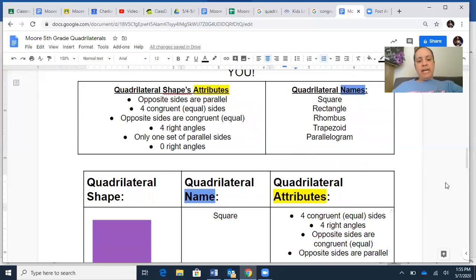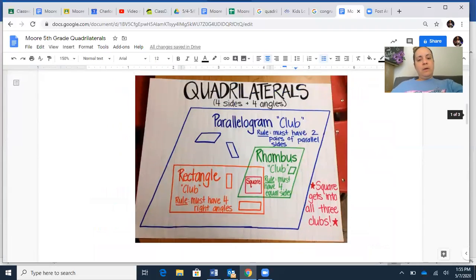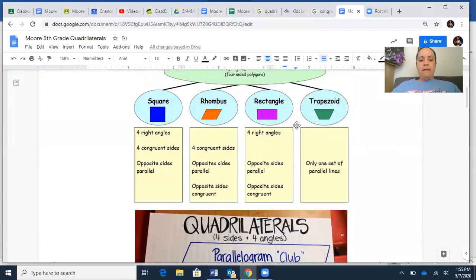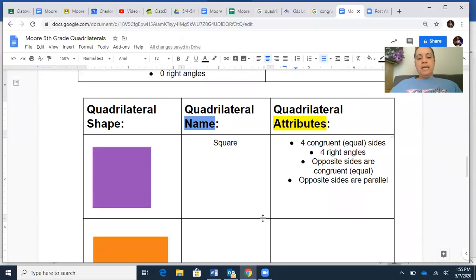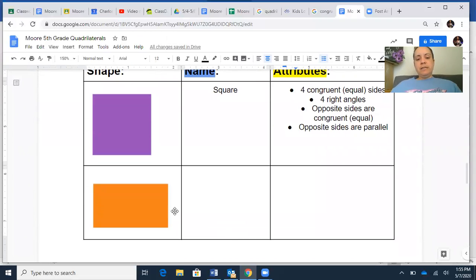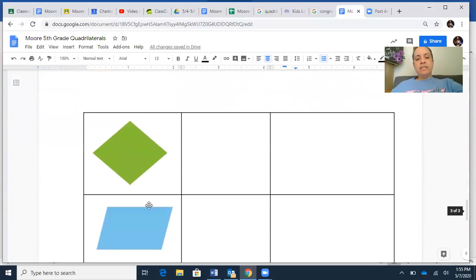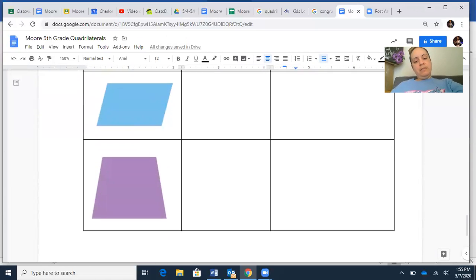Let's go back and check at the top to make sure that we got all of them. We have 4 right angles, 4 congruent sides, opposite sides parallel, and also opposite sides are congruent. So we got all of them. So now it's your turn to go ahead and work on the next shape. You have this shape, and then this shape, and this shape.